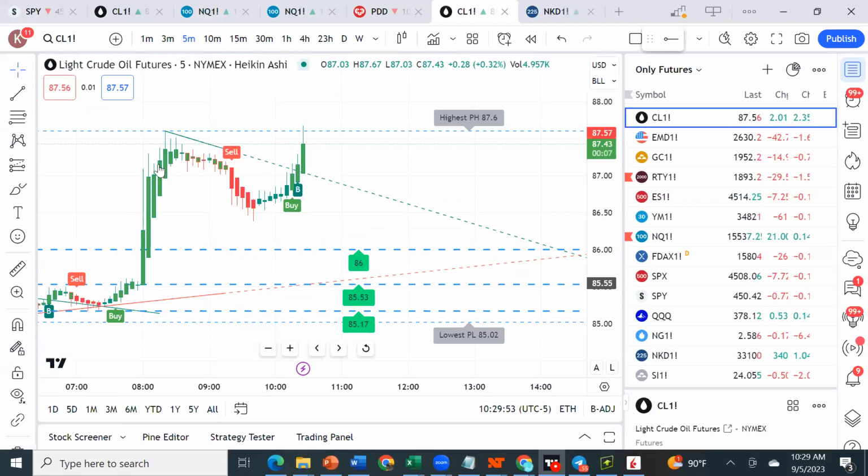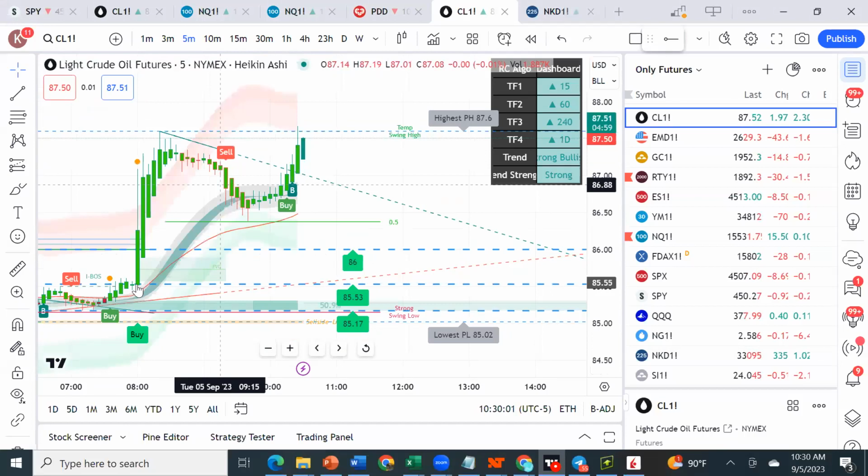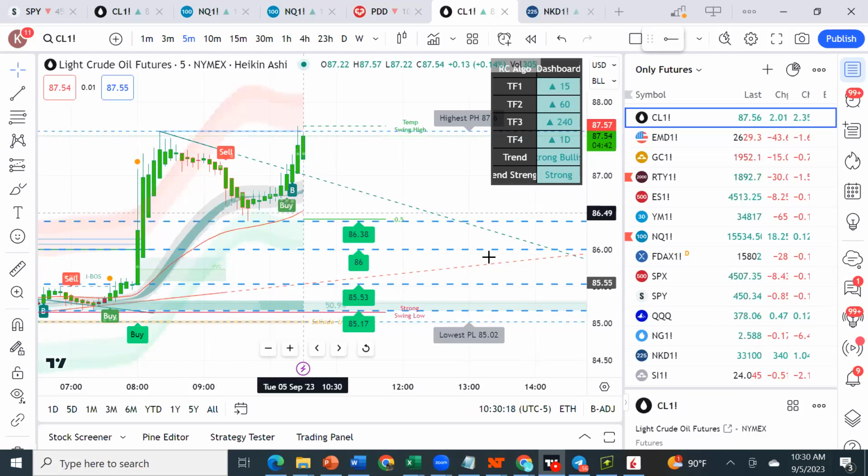Okay, so that's what I'm telling. Overall, it is completely a bullish trend for crude oil because there was positive news. It went up, then there was some profit taking, so it started coming down, and then there was a buy. Because it's a complete bullish trend, I immediately took the buy.